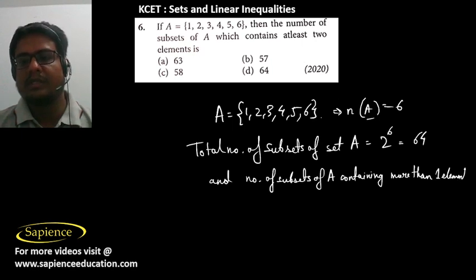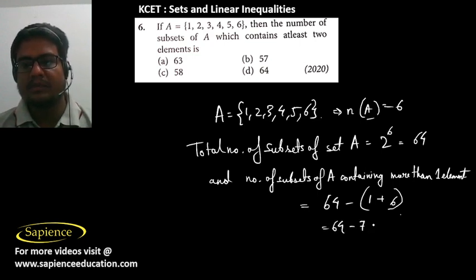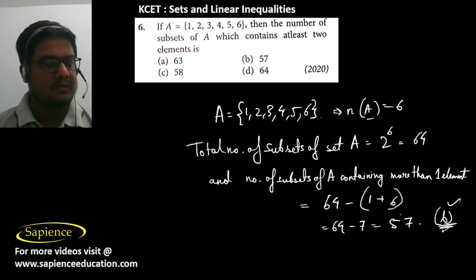It means that it can contain 2 elements or more than 2 elements. So that will be 64 minus the empty set, which is the null set, plus 6, which means the sets which contain only one element. So that will be 64 minus 7, that is 57. So option B is the correct answer.